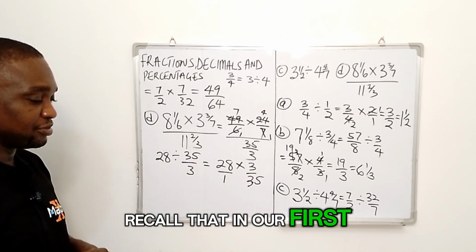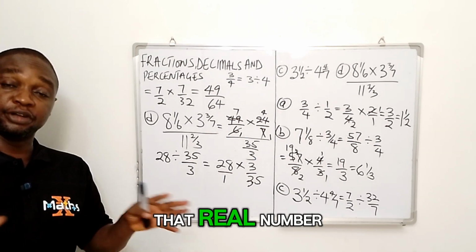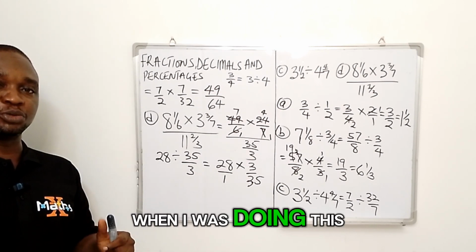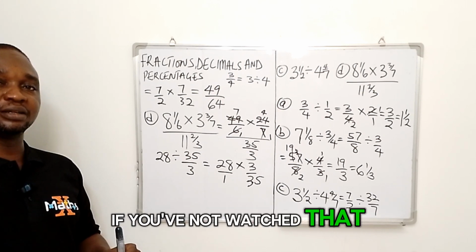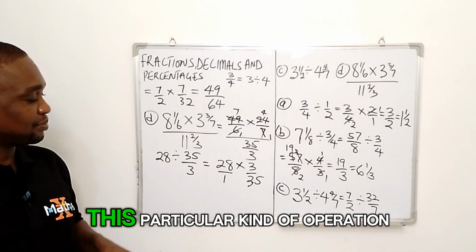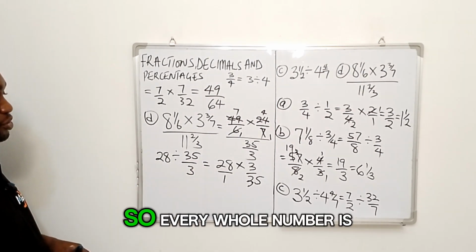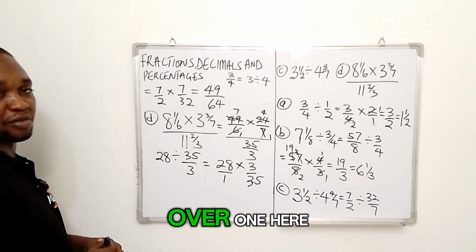Recall that in our first video, I told you that real numbers are improper fractions when I was doing 7 over 1 and 8 over 1. If you've not watched that first video on fractions, please do go back. You will see this particular kind of operation that I'm emphasizing. So every whole number is an improper fraction. That's why I'm writing the over 1 here.